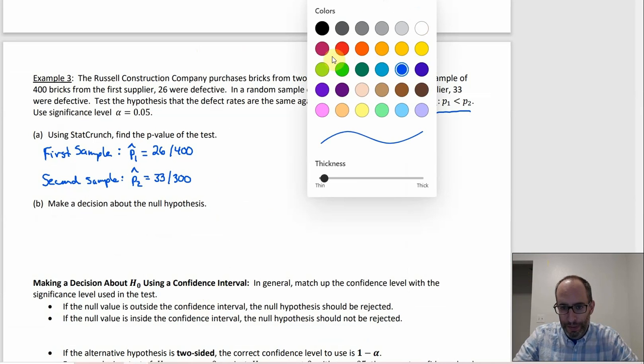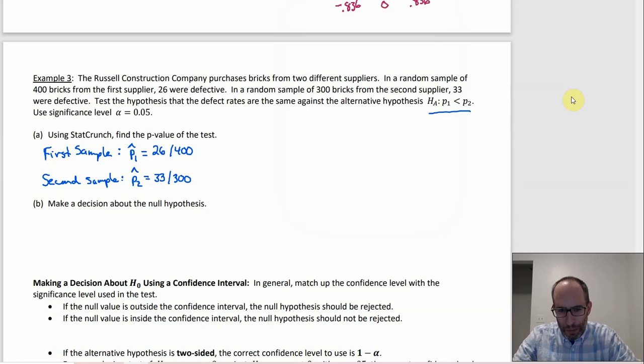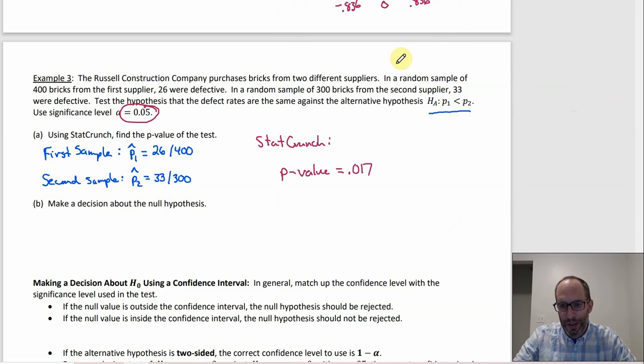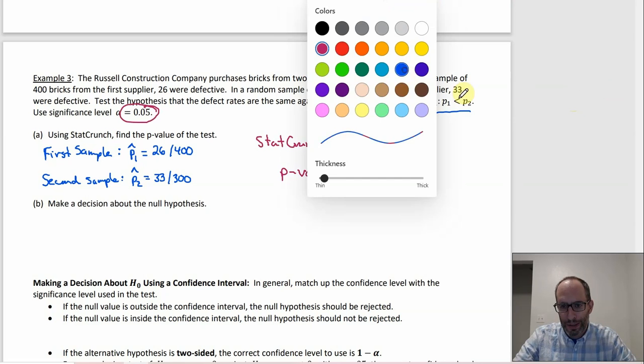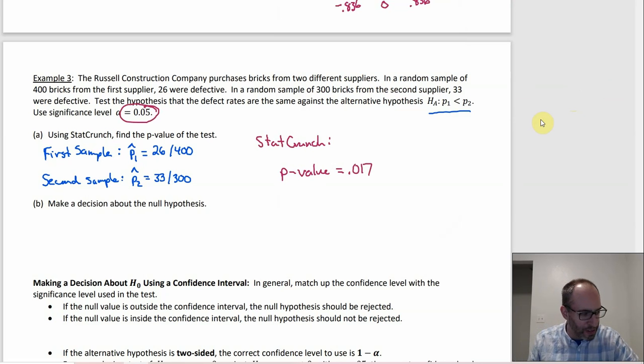All right. So then when we actually went ahead and used StatCrunch, we got a p-value of 0.017. And it's the usual alpha. You can see it right there. Alpha is going to be 0.05. So in the step where we make the decision, 0.017 is less than 0.05.